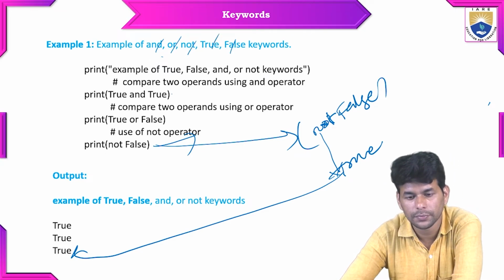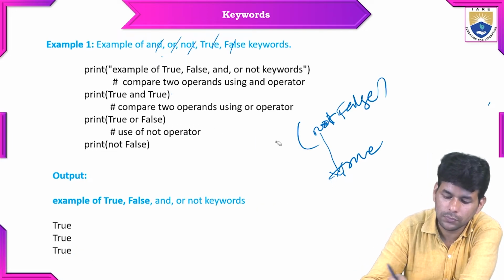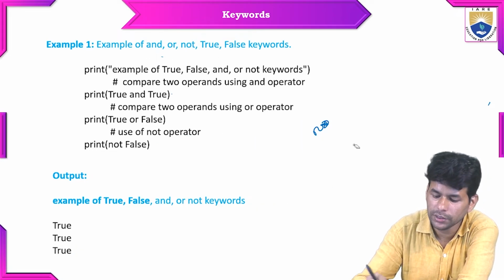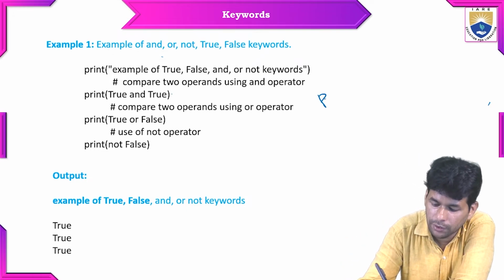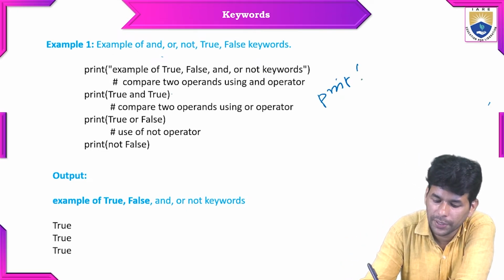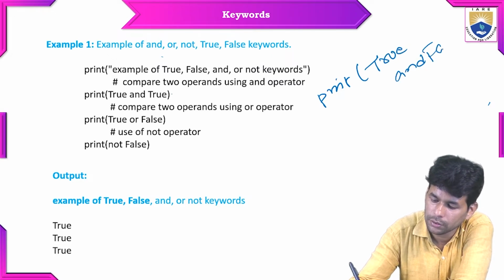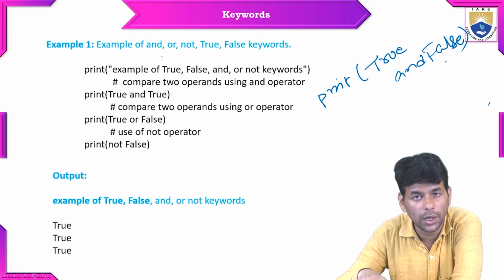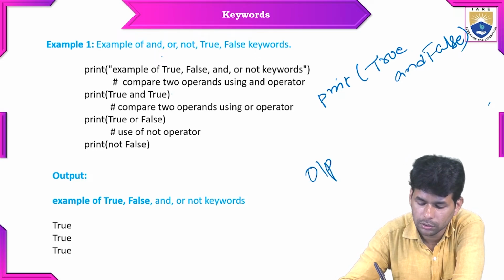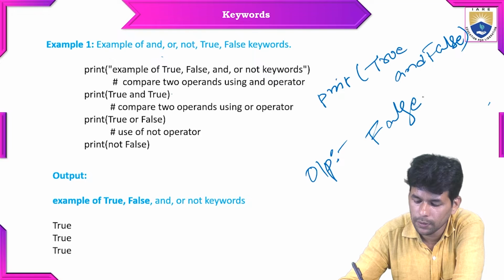Is that clear? Then, if I take one more example, let us take print of true and false. If I take it like this, the output is definitely false only.